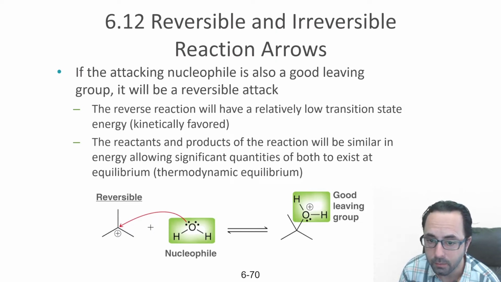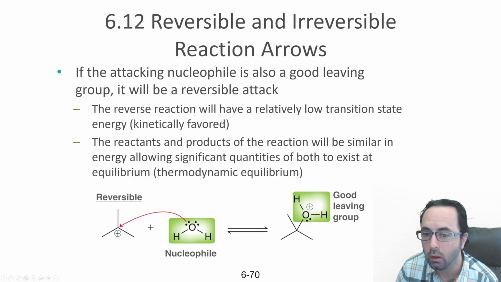In this case, the reverse reaction will have a low energy transition state. That transition state would involve the formation of this bond, which we can tell is low in energy, kinetically favored to some extent, because this is going to be attracted to this positive formal charge.